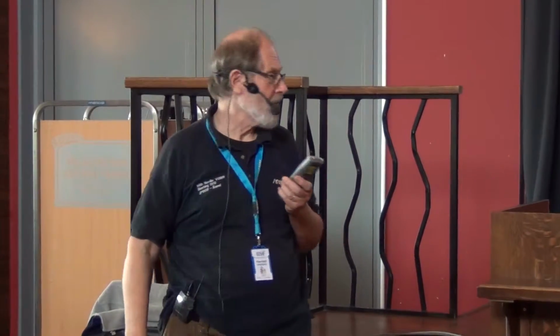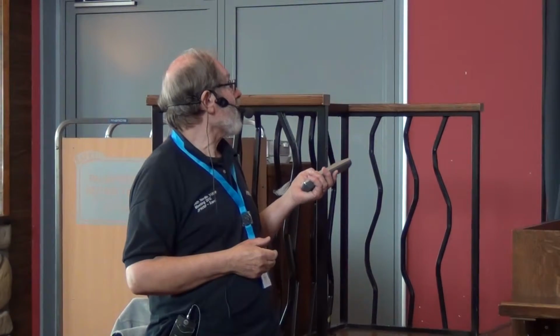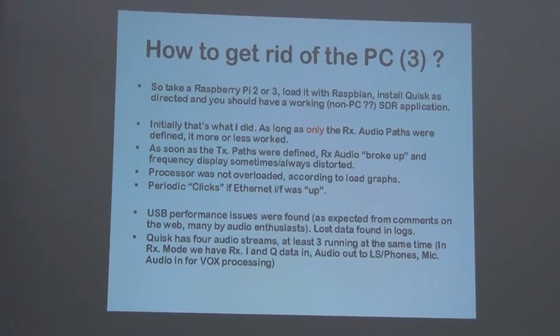If the Ethernet interface was up, because the Raspberry Pi has a 100 base T or 10 base T Ethernet interface, if that was up, there were also clicks and pops in the receive. And basically it is USB bus performance issues that stopped it working well.